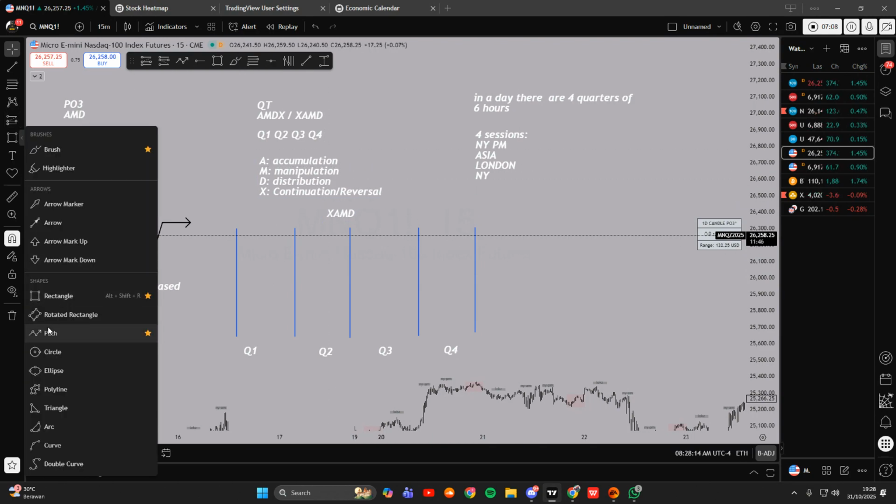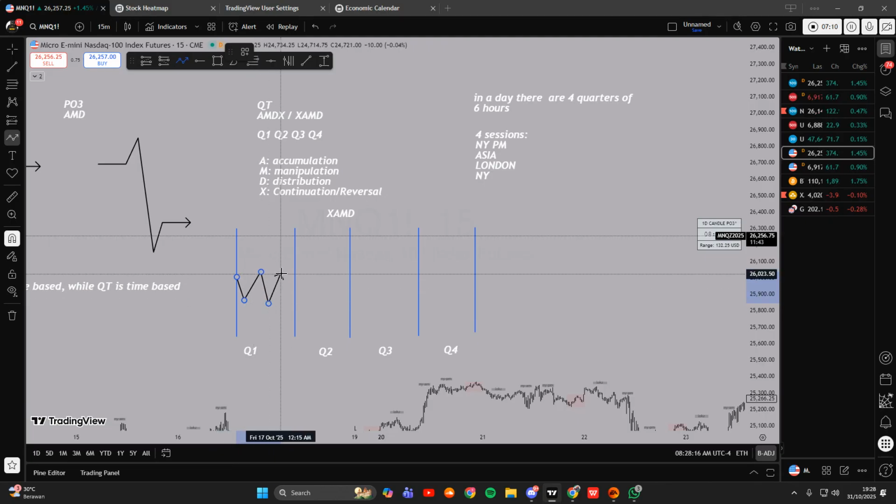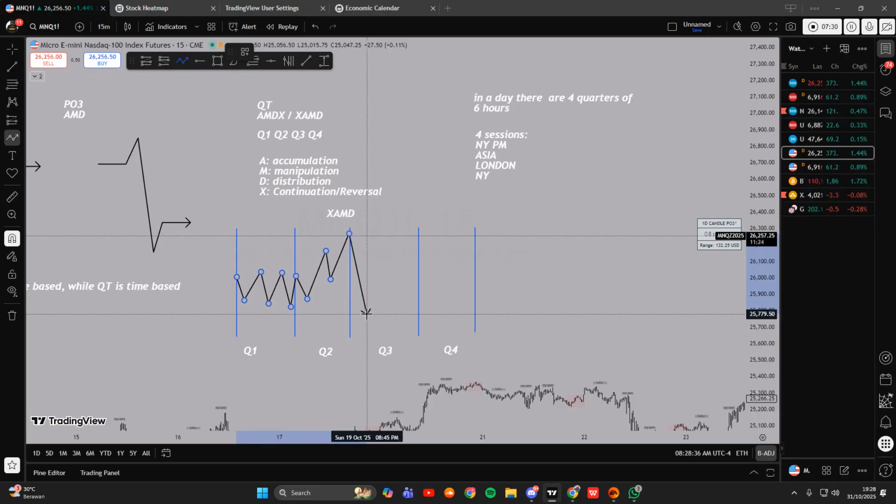Keep in mind this is NYPM. NYPM accumulates, and then during the Asia session we manipulate. Let's say we manipulate higher, and then during London we have that distribution move, catching those NYPM low resting liquidity lows. Then I would be expecting New York to be either a reversal or a continuation.